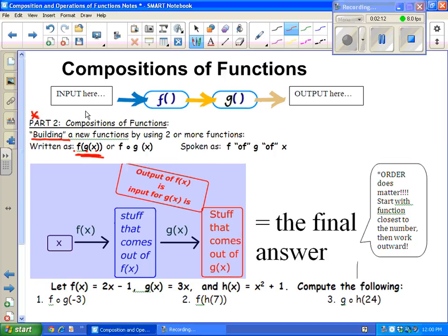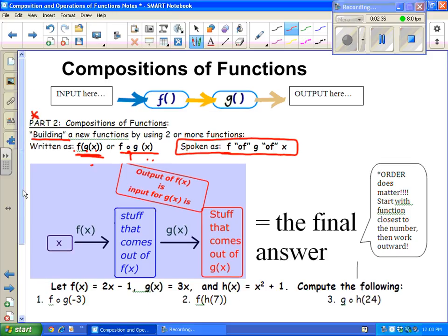You just keep adding the ofs. Or it can be written this way without the extra parentheses, and that's supposed to be a little o. It's not a circle, it's not supposed to be fog, it's supposed to be f of g of x, spoken like this.